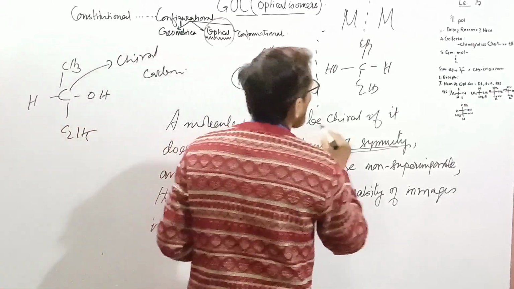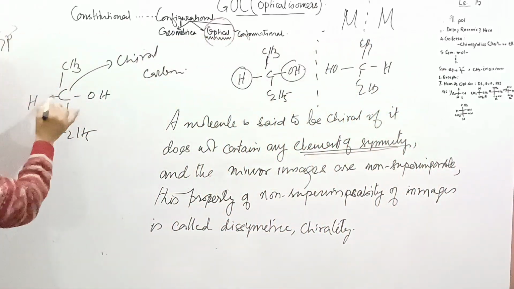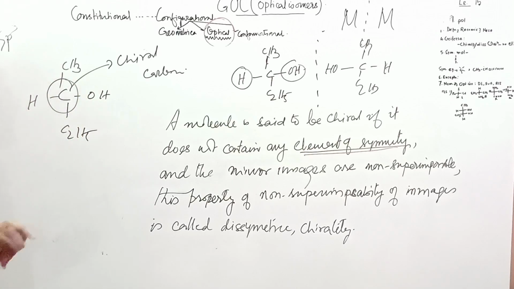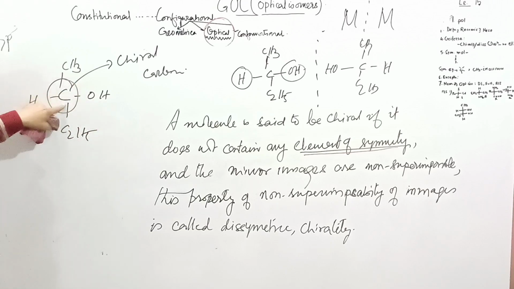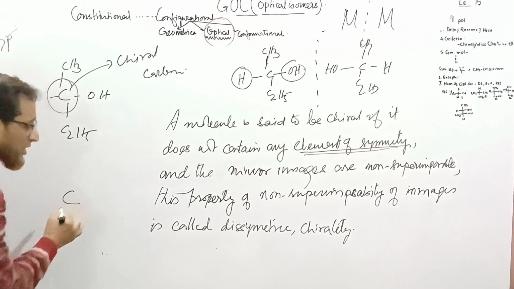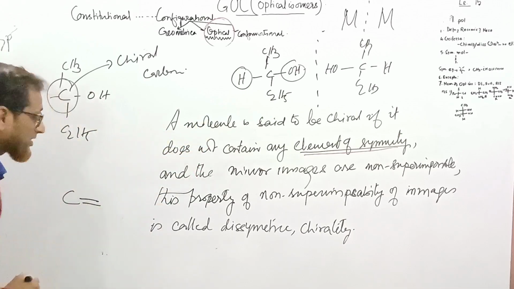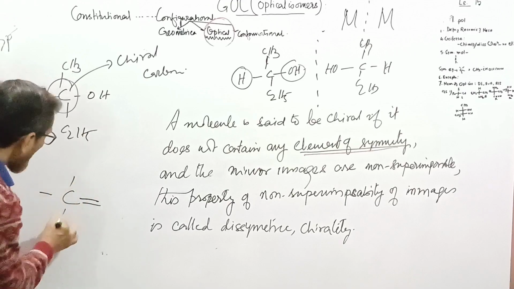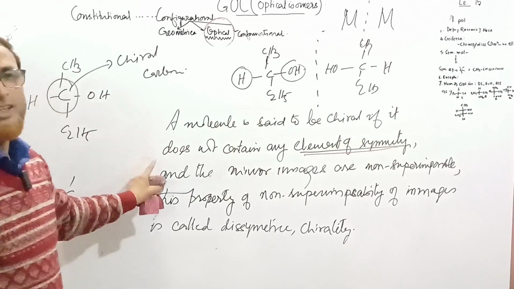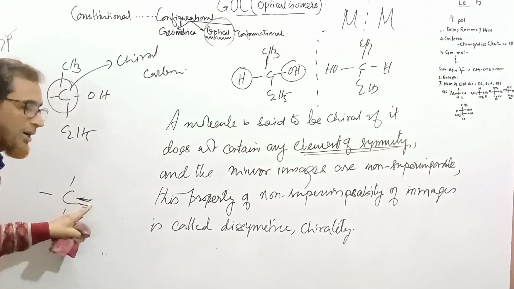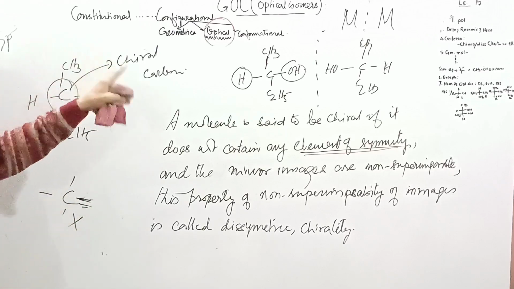Now the second point is that the carbon should be sp3. Now you count the hybridization of this one. One is that its image is not superimposable over the other, and second, this carbon is sp3. If the carbon we are concerned with, whether it is chiral or not, has a double bond or triple bond in the structure, then blindly you will say it is not an optically active compound, because whenever you introduce a double bond or triple bond, the hybridization of carbon will not be sp3, it will be sp2 or sp.